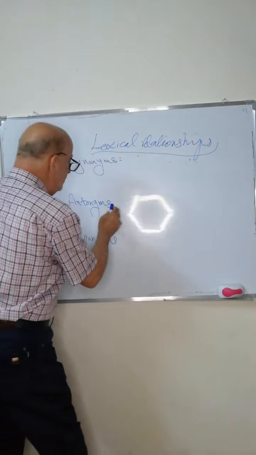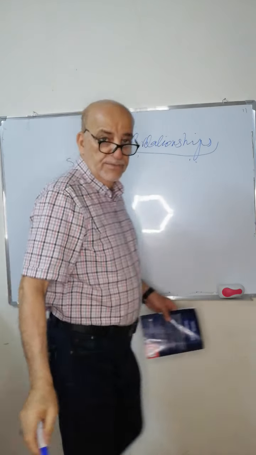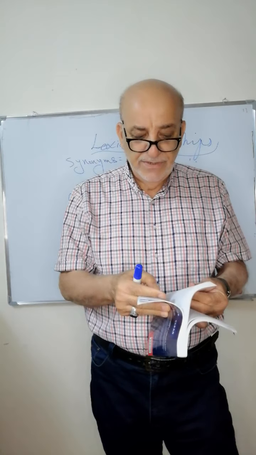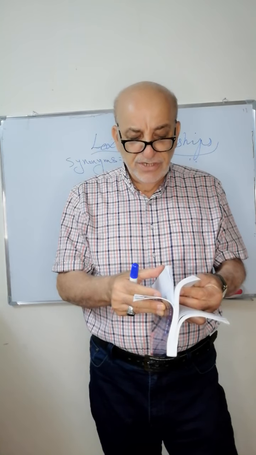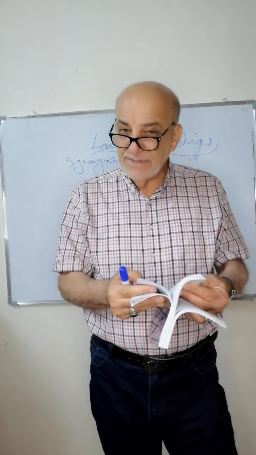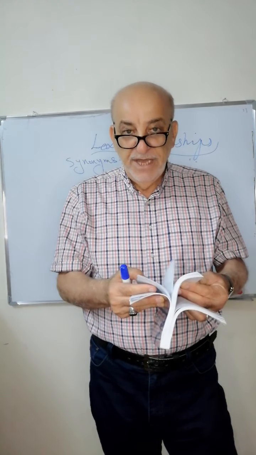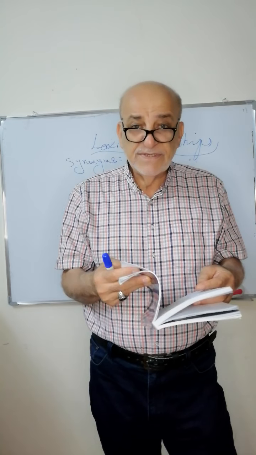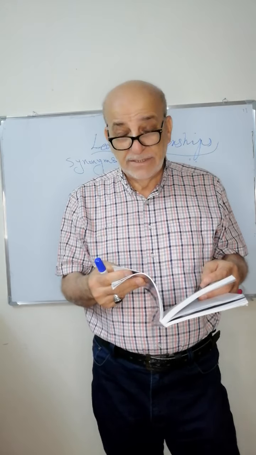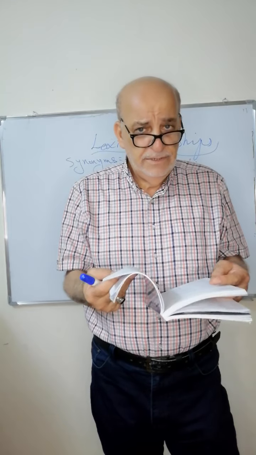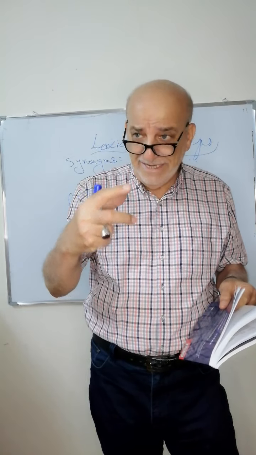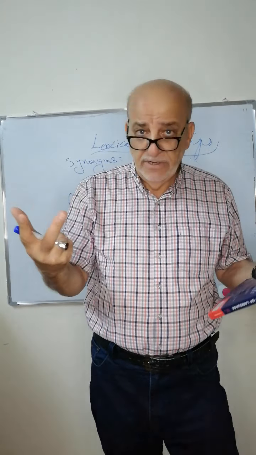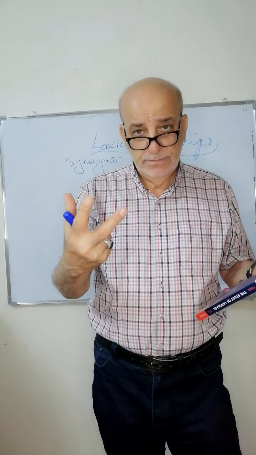Now I leave this, then I go to another type of semantic relationship, which we call antonyms. Now, what is the meaning of antonyms? Let me start with the definition of antonyms: opposites, مضادات. When I say what's the meaning of ليل, I tell you the opposite of نهار. What is the opposite of حار? You tell me cold, meaning بارد.